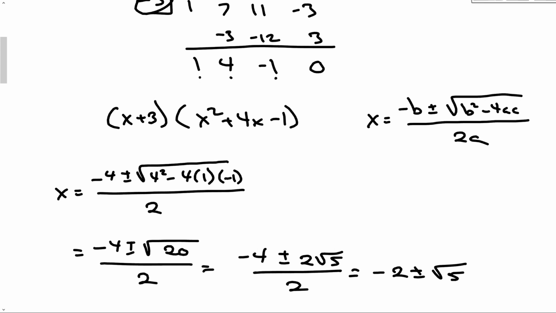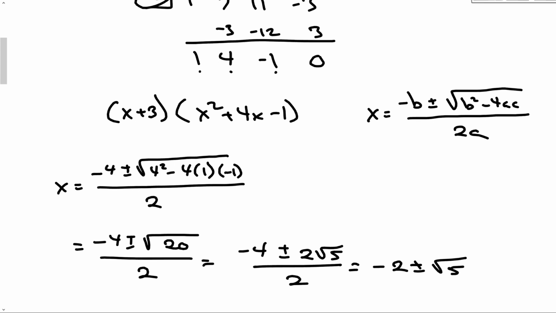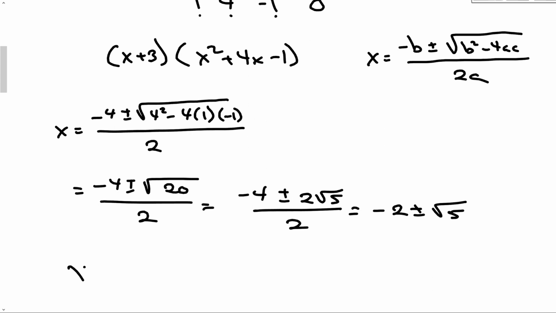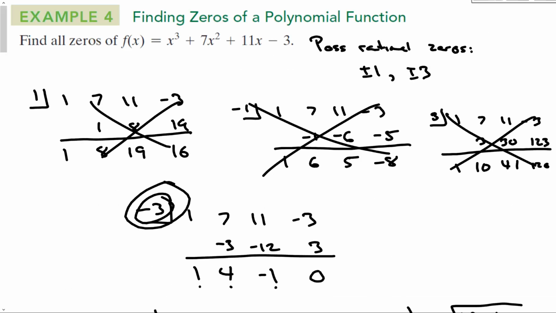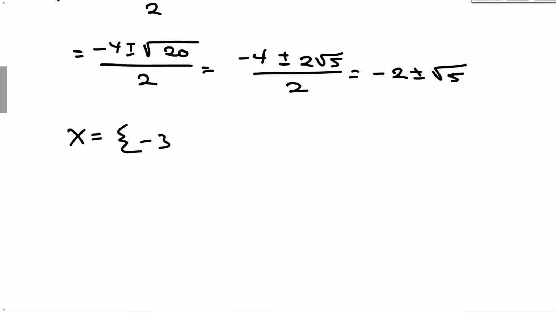So I now have my 3 answers. x is going to be equal to negative 3, because that's the one that worked, and then my next 2 answers are negative 2 minus the square root of 5 and negative 2 plus the square root of 5.